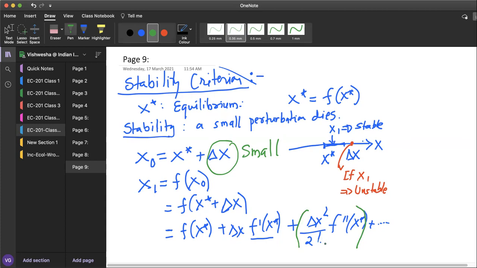So what we're going to say is, let's ignore all of these terms. Let's assume they are all basically 0. And with that assumption, what we can do is we can write, is that fine? So therefore, x1 is nothing but this.